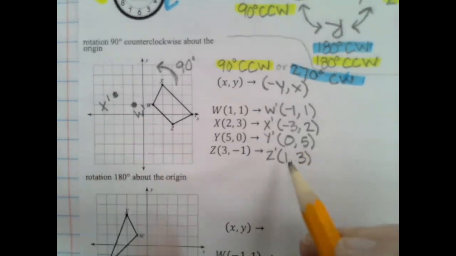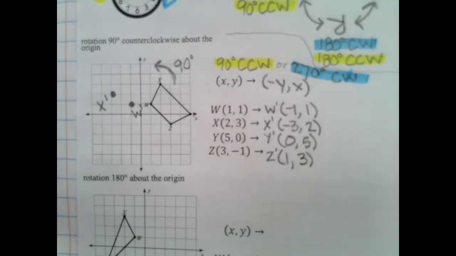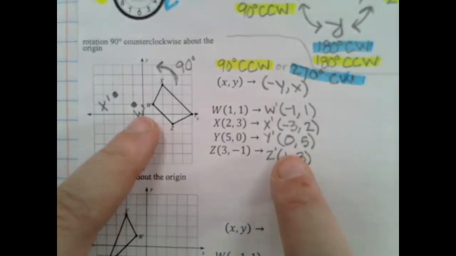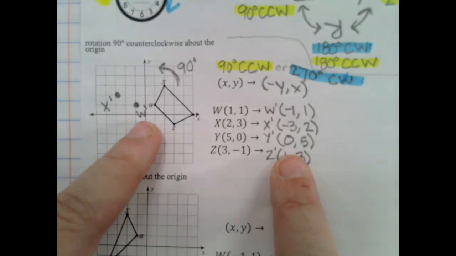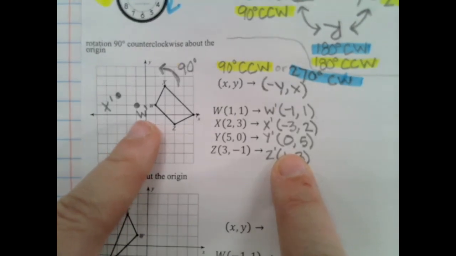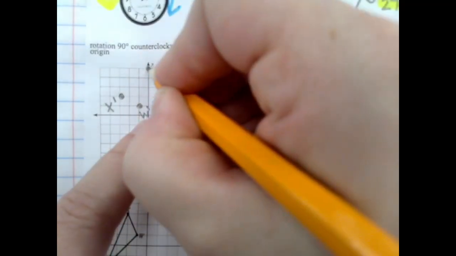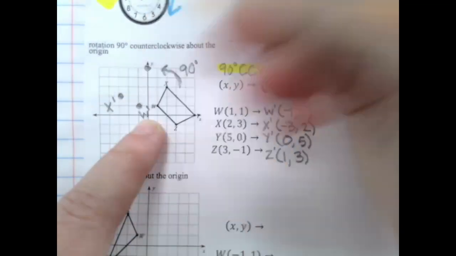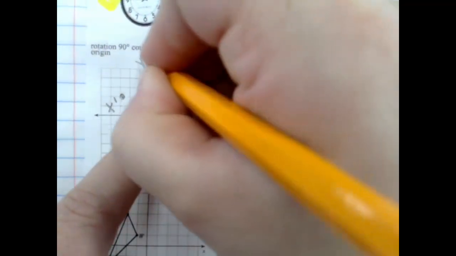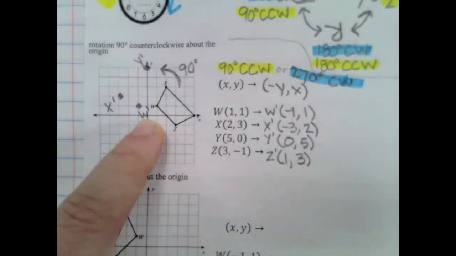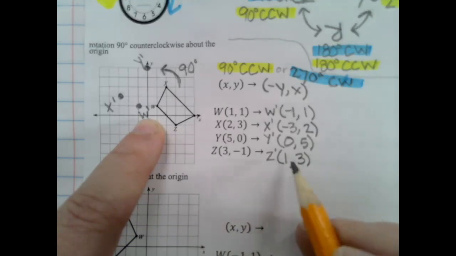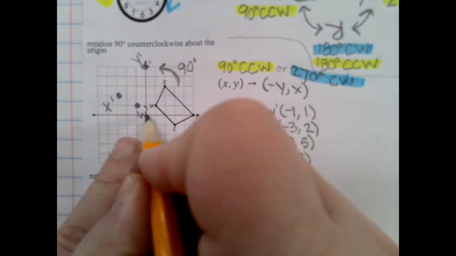On rotations, usually this is the one that gets people because they don't know where (0, 5) is. Is (0, 5) going to be located on the x-axis or the y-axis? Y, good. So (0, 5) is just up 5. Okay, and then Z is (1, 3). So right 1, up 3.